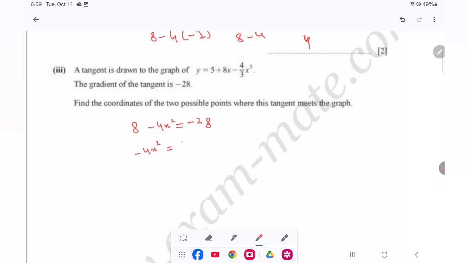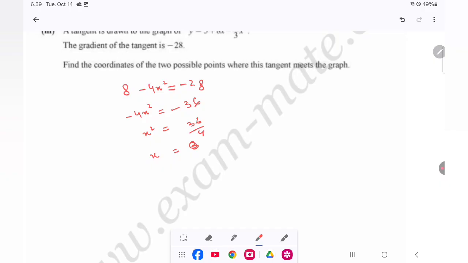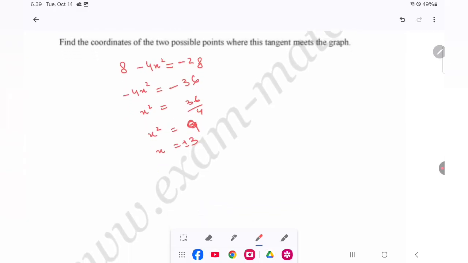Subtract both sides by 8. Divide both sides by 4, or negative of 4. 9. When we take the square root on both sides, it will give plus minus 3.